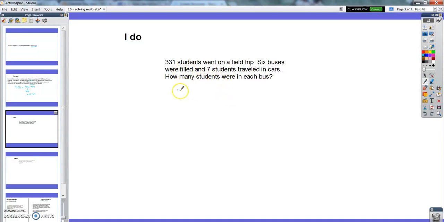So let's look at this one. 331 students went on a field trip, 6 buses were filled, and 7 students traveled in cars. How many students were on each bus? So when I make my equation, looks like what I know is equal is the number of students. The number of students on the trip is obviously equal to the number of students who traveled.